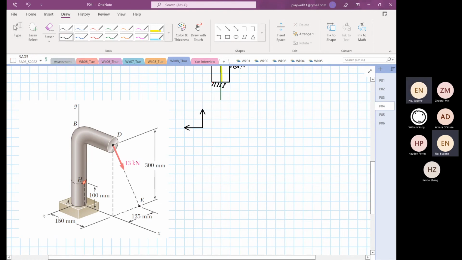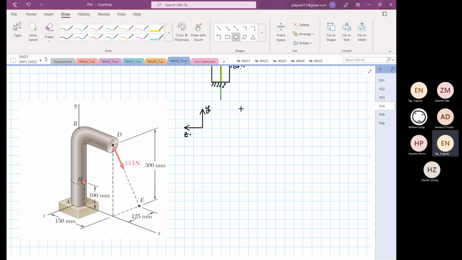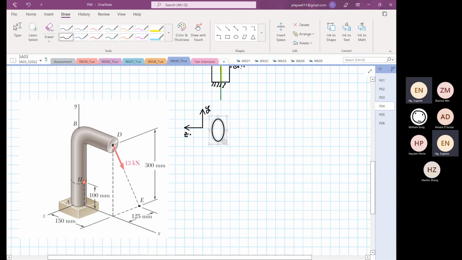So this is your Y and this is your Z. And then when you view this, it looks like this. This is just a sketch, okay? Some of you might say, Eugene, it's a very bad sketch. I totally agree with you.